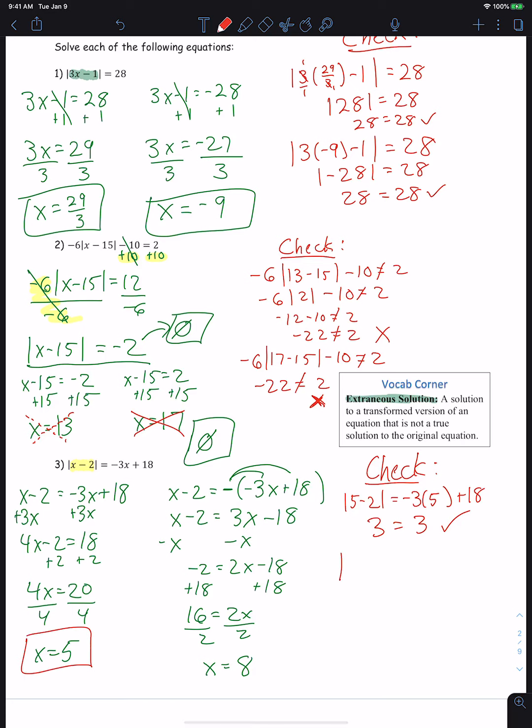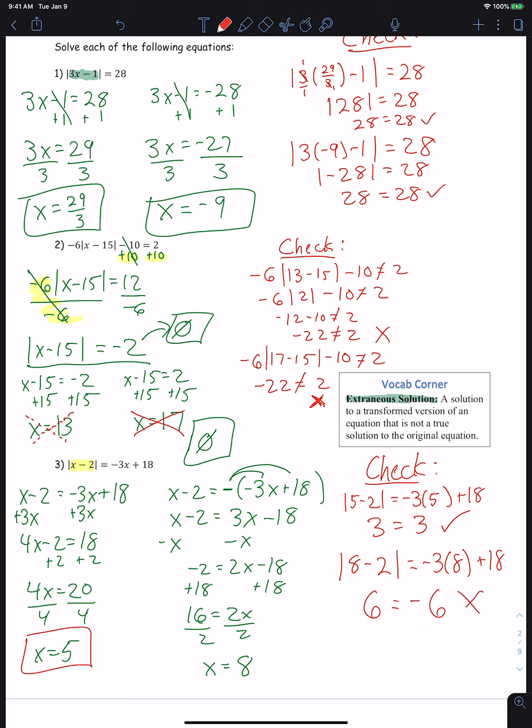So I have the absolute value of 8 minus 2 is equal to negative 3 times 8 plus 18. On the left, I get 6. On the right, I get negative 6. So this 8 does not make the original equation true. So that is a rejection, which means our only solution is x equals 5.